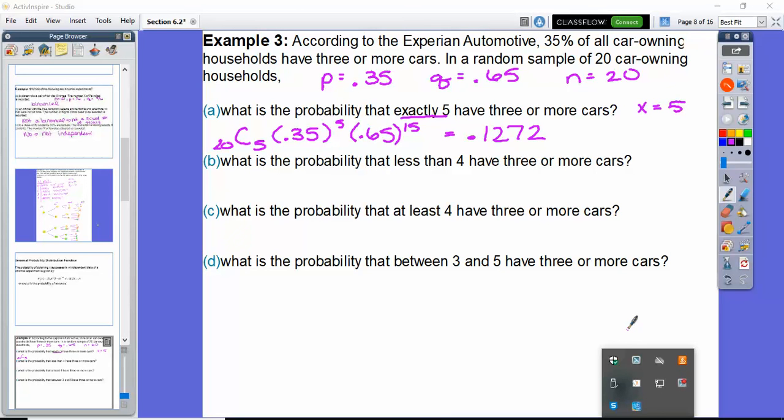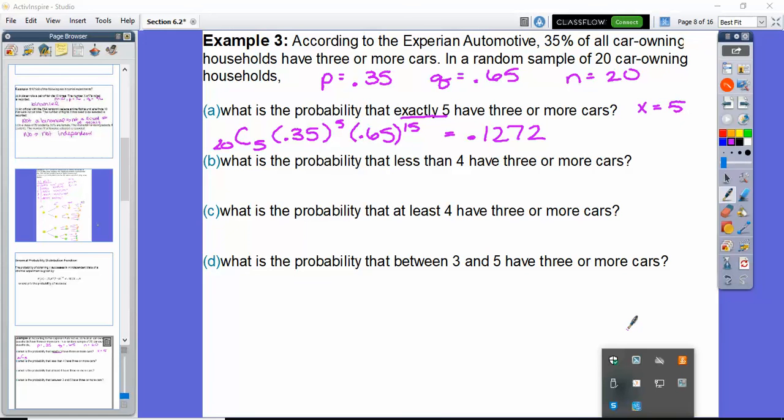Okay, let's see if we can check this on our table. So is 0.35 one of the probabilities on our table? Yes. And my N was 20. So for N equals 20, you have to flip to the back of the second page. So you're looking at the 0.35 column, my N is 20, and then my X is 5. Does everybody find that number? I want to know now if you don't know how to read it on the table.